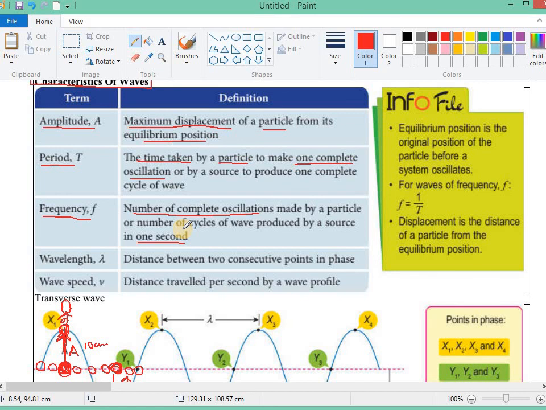Period, just now we said, is how much time one complete oscillation takes. Frequency is in 1 second, how many complete oscillations? If 1 second has 1 complete oscillation, frequency is 1 per second or 1 hertz. If in 1 second there are 2, then the frequency is 2 hertz.